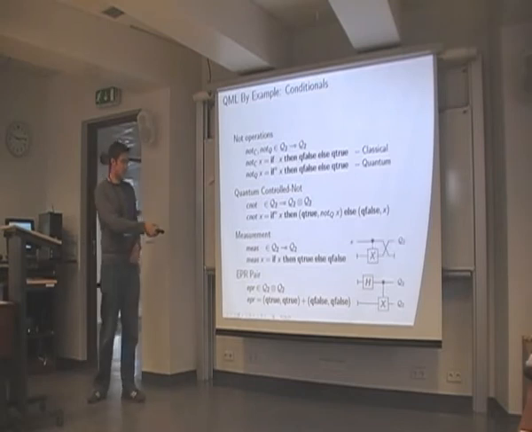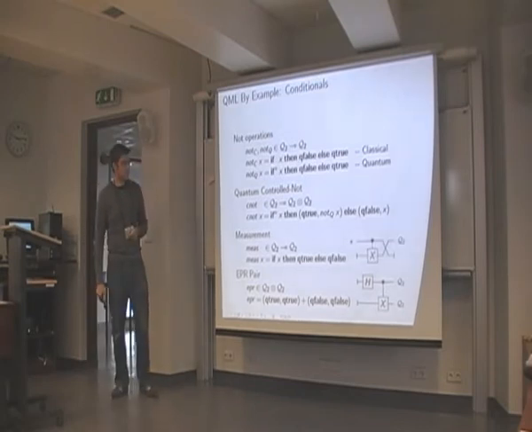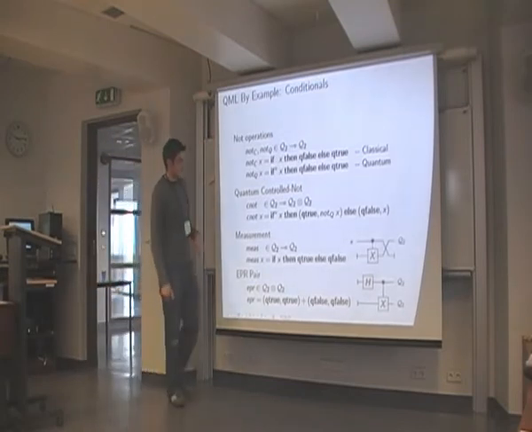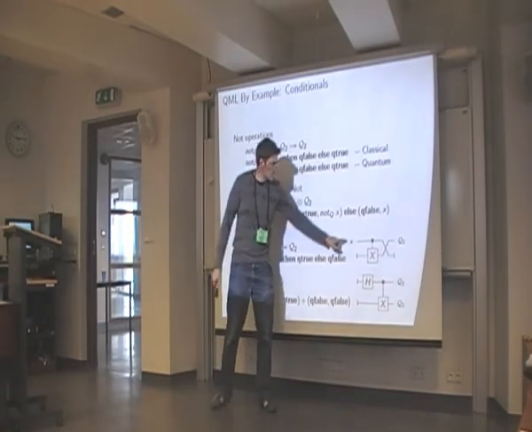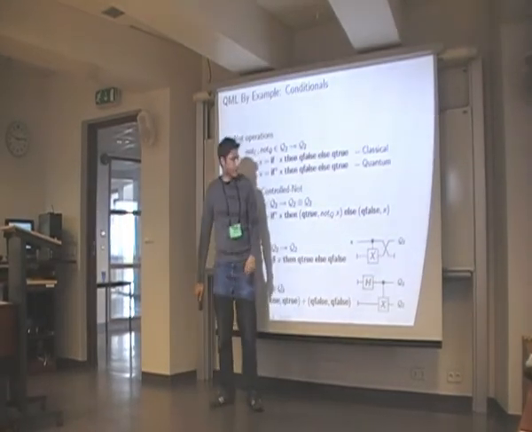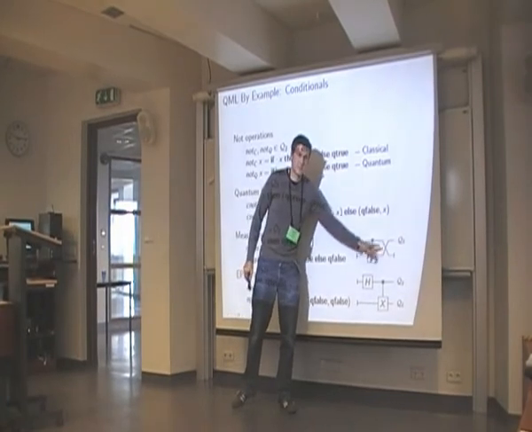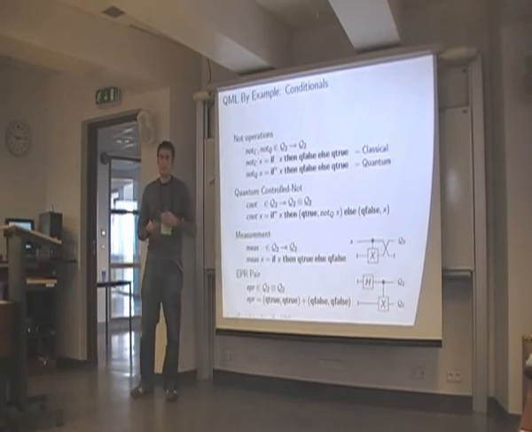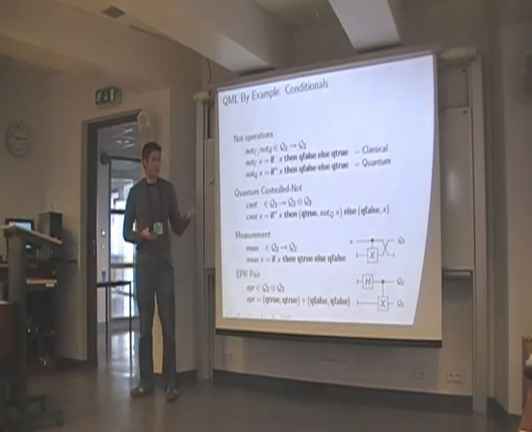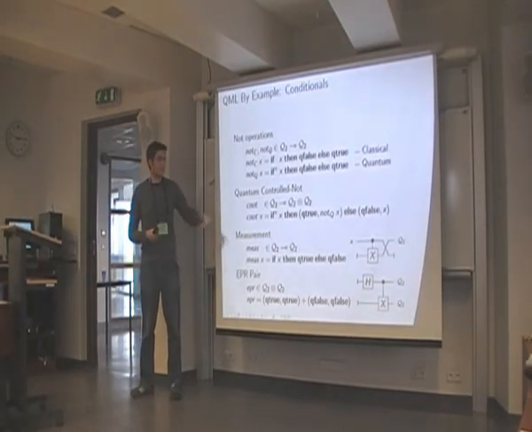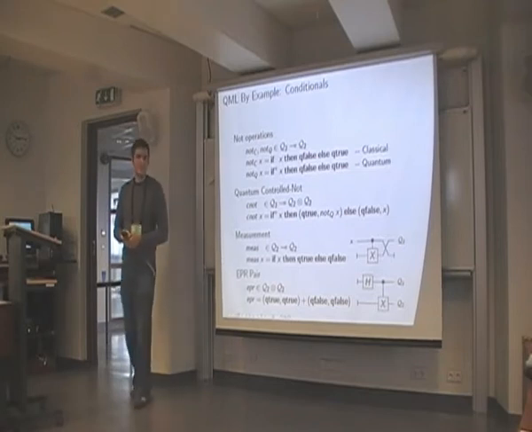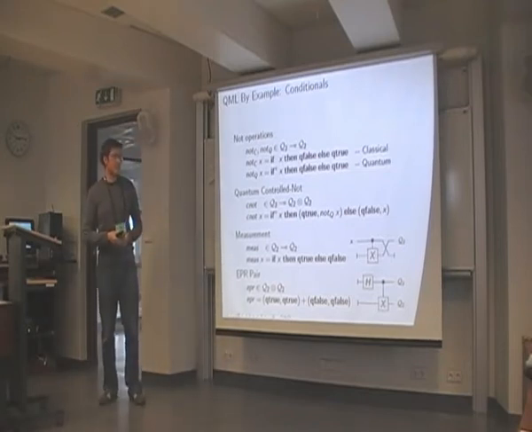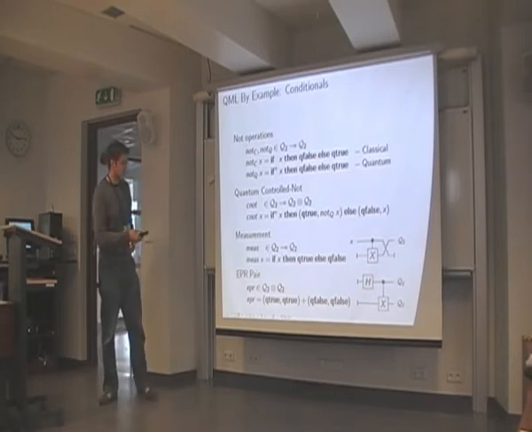And the measurement operation takes in the variable x that we want to measure, it copies it, and then throws away the original and returns the copy. And throwing away the original collapses the entanglement caused by the control not operation, so it gives us a classical value.